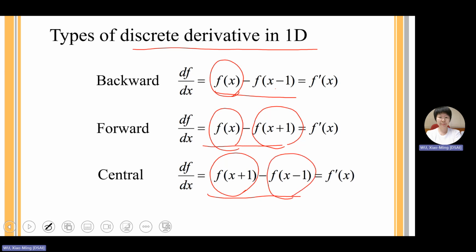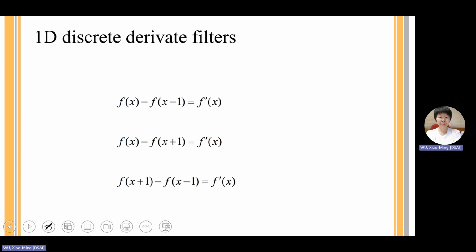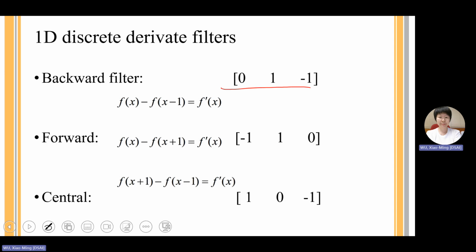Okay, and if we express these discrete filters in terms of filters, they can be represented correspondingly like this. Notice how -1 goes to here instead of here, because of the flipping.